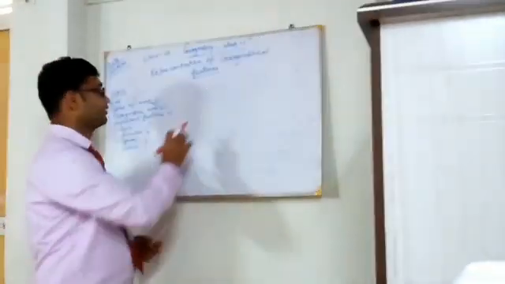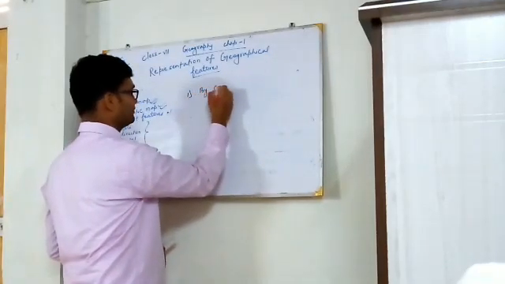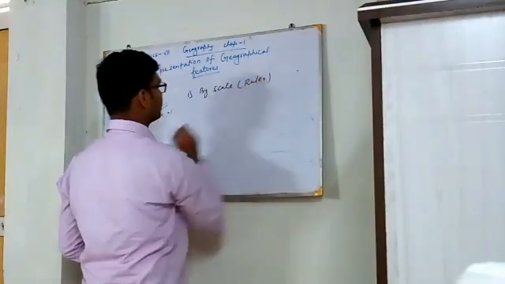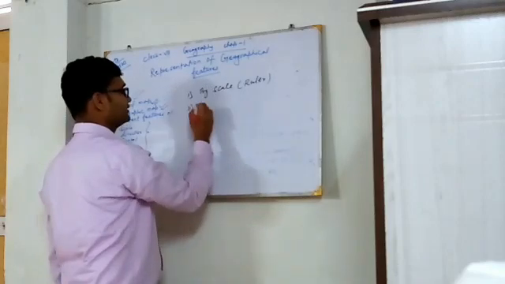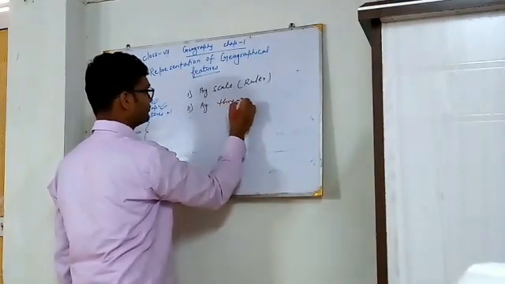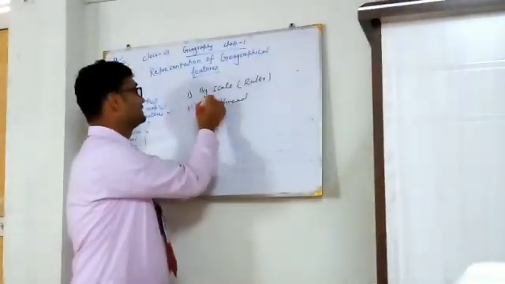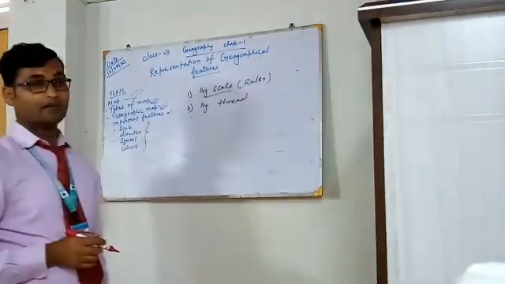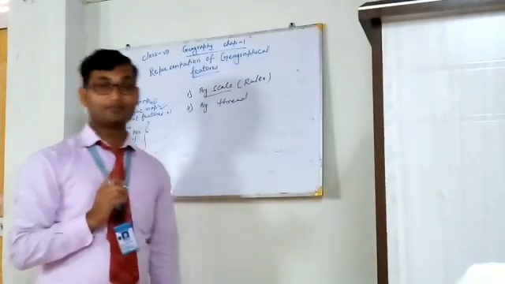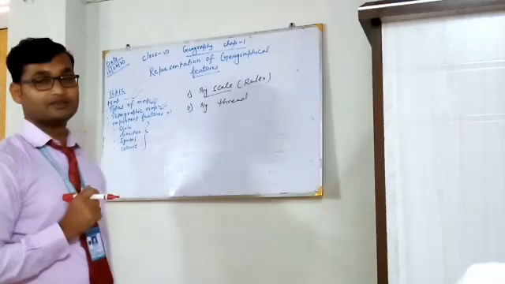So first of all, the first method is by a scale. You know it is also known as ruler. Next is by thread. When we measure the distance on the map, first of all, keep the ruler on the map and find the distance.